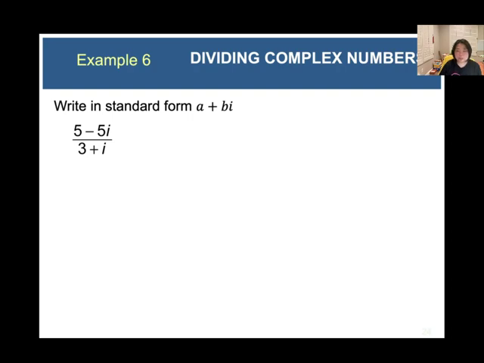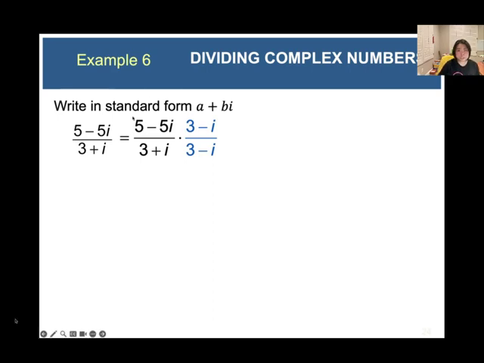Or when you have a minus b, the conjugate will be a plus b. But now we do have a complex number. So the conjugate of this guy will be 3 minus i. So we're going to multiply by (3 minus i) over (3 minus i). And then for this one, you could use the formula (a plus b) times (a minus b).